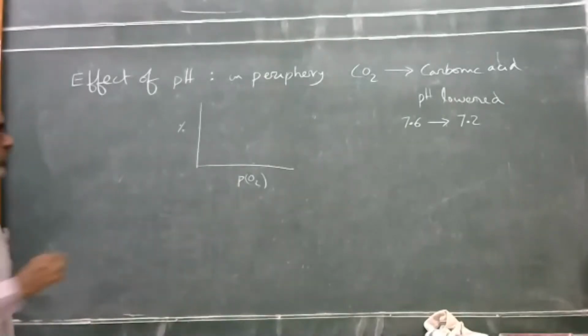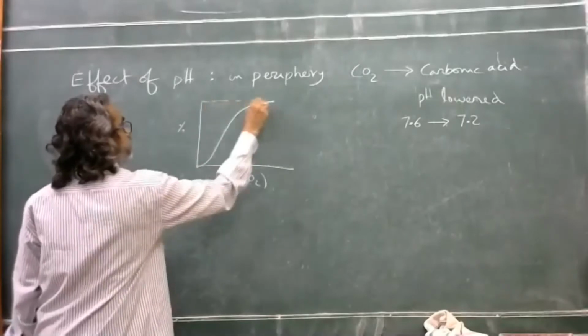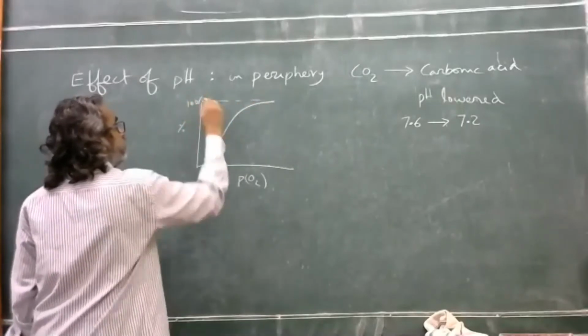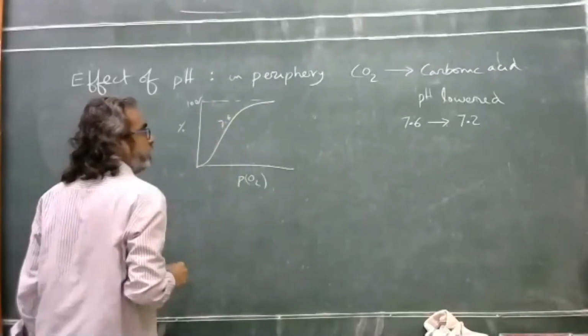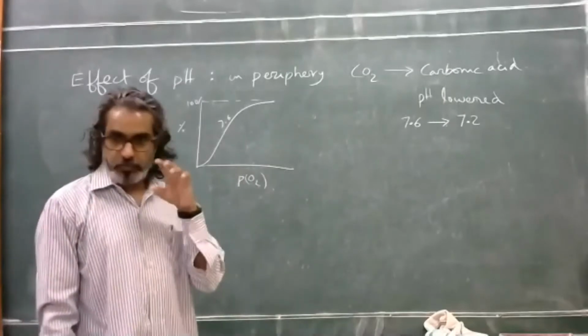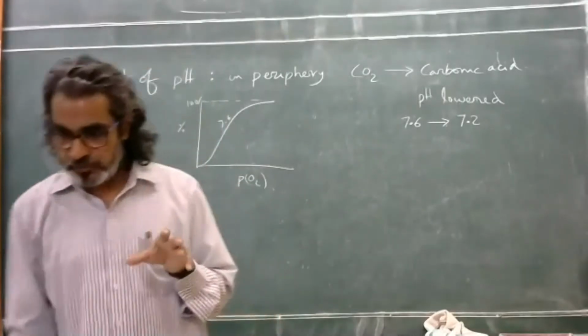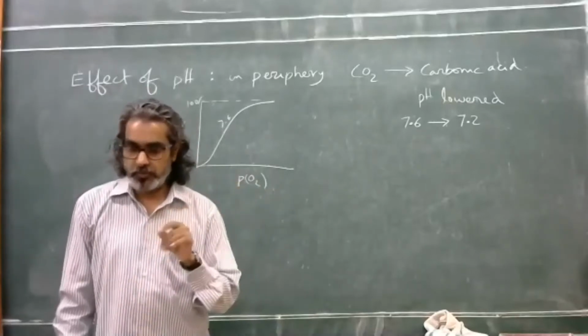Okay, so this is at a certain pH, and that's roughly 100% at 7.6. As the pH gets lowered, and when these red blood cells are in the periphery, the pH is low, 7.6 to 7.2.